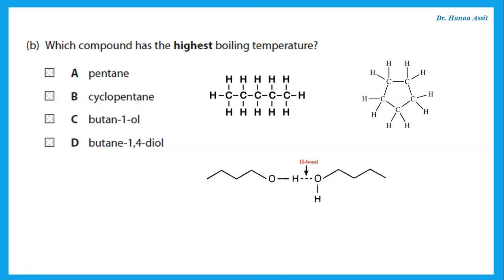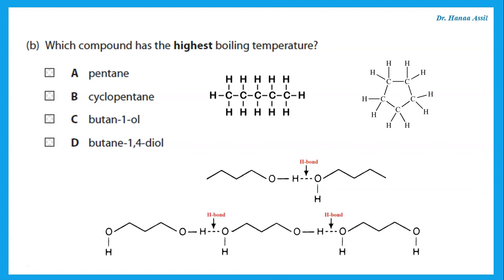So butan-1-ol would be higher than pentane. What about butane-1,4-diol? Well, this has 2 OH groups per molecule, and that means each molecule can make 2 hydrogen bonds with other molecules. So this is more hydrogen bonding, and more energy is needed to break these intermolecular forces. So this would have the highest boiling temperature.